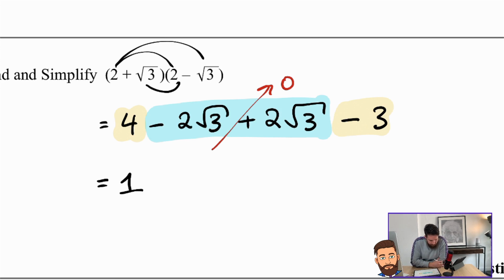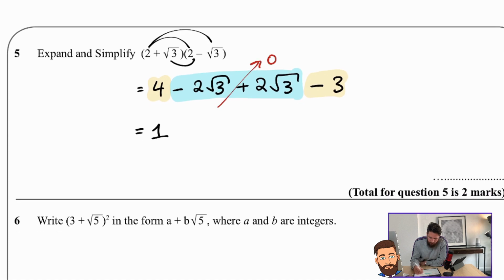So the interesting part of question 1 is, hopefully if you expanded, you got 4 minus 2 root 3 plus 2 root 3 minus 3, which equals 1. Because the blue surds that I've highlighted actually cancel to 0, to nothing, because we've got minus 2 root 3 plus 2 root 3.